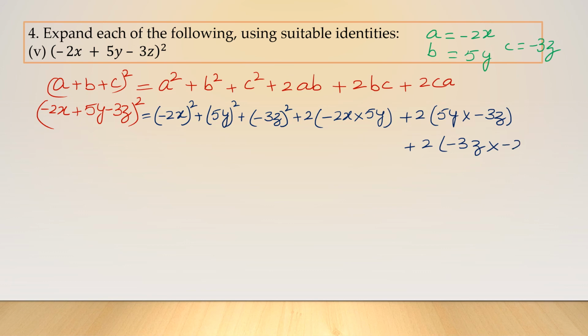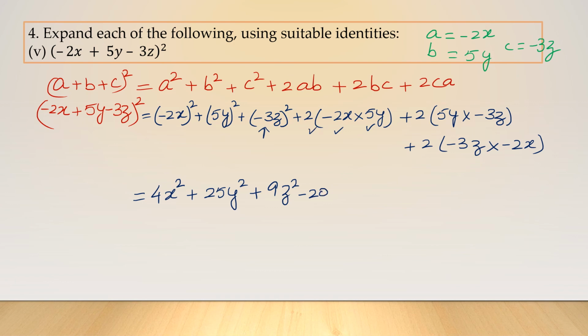So we have square of minus 2 is 4, 4x square plus in place of 5, 25, 25y square plus 9z square, because square of minus 3 is plus 9. Now let's multiply these. 5 into minus 2 is minus 10. Minus 10 into 2 is minus 20.